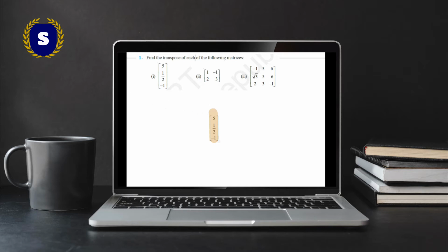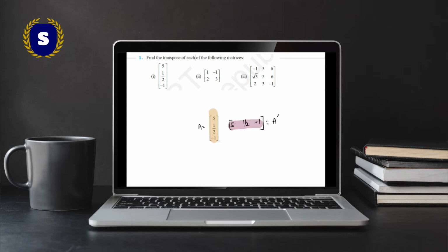So we simply have to convert this column into rows. So when we write down each element in the form of rows, it will become 5, 1 by 2 and minus 1. So this is the transpose of given matrix. If this is matrix A, then this will become the transpose of matrix A.